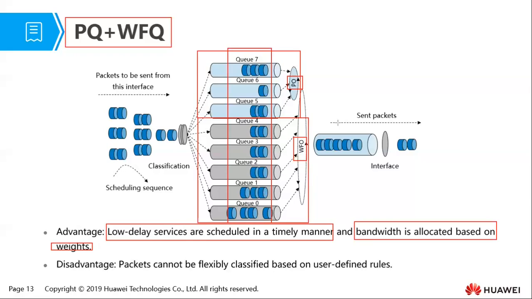So you can always combine those two together. Disadvantage: packets cannot be flexibly classified based on user-defined rules. So again, we cannot specify the rules to classify the packets into the different queues.